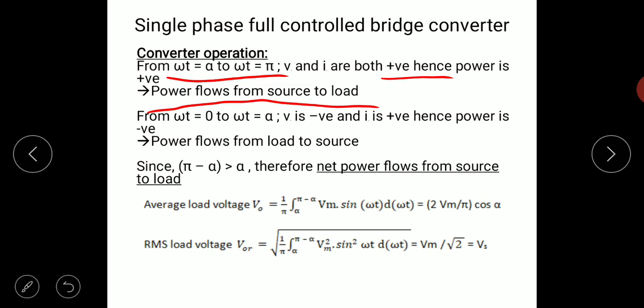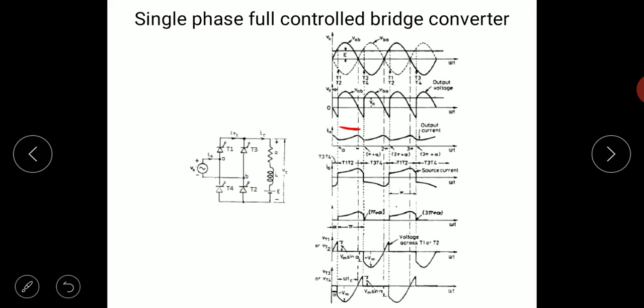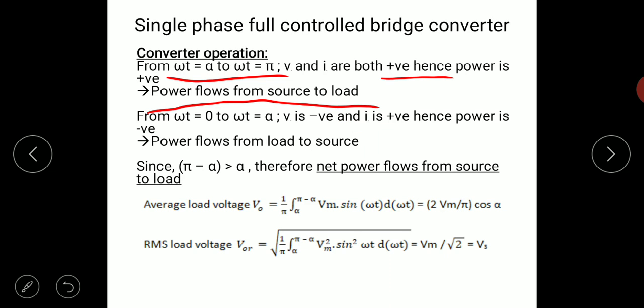And between omega t equal to 0 and alpha, at these instants, you can see that the voltage is negative but the current is positive. That means the power is negative, and negative power means power will flow from load to source side.